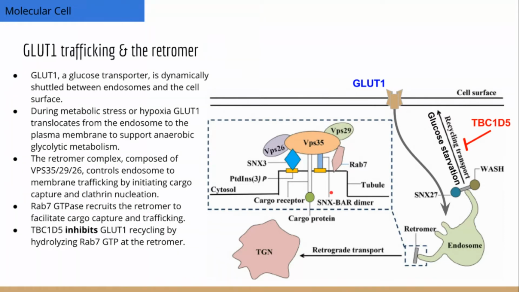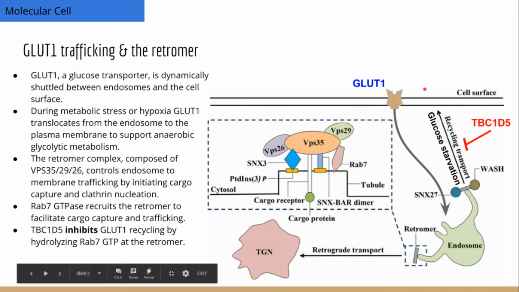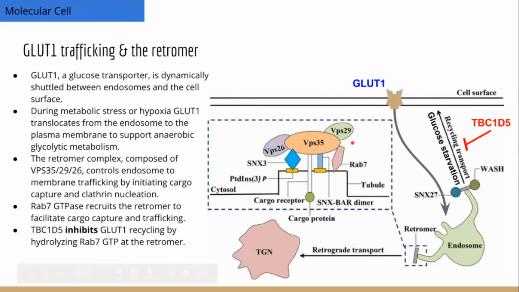But just to summarize, GLUT1 dynamically shuttles between the membrane and the endosomes, and then back to the cell surface. Rab7 GTP recruits the retromer to the endosome to capture cargo and initiate exocytosis. And this occurs mainly during hypoxia or starvation in order to move GLUT1 back out to the membrane when it's needed.